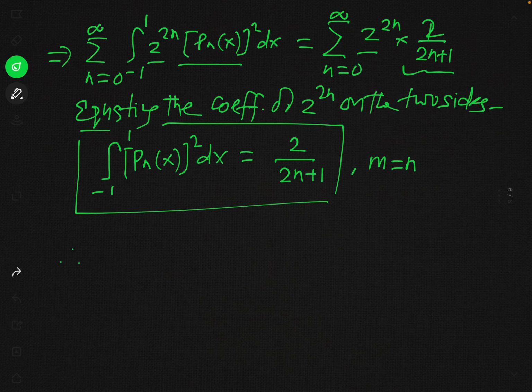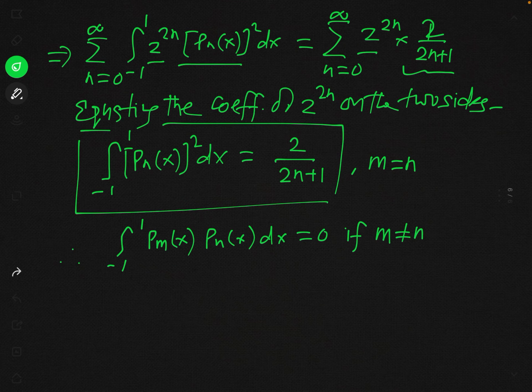Now combining these two results, you can simply write that integral from minus 1 to plus 1 of Pm of x into Pn of x dx is equal to 0 if m is not equal to n, and equal to 2 over 2n plus 1 if m is equal to n.